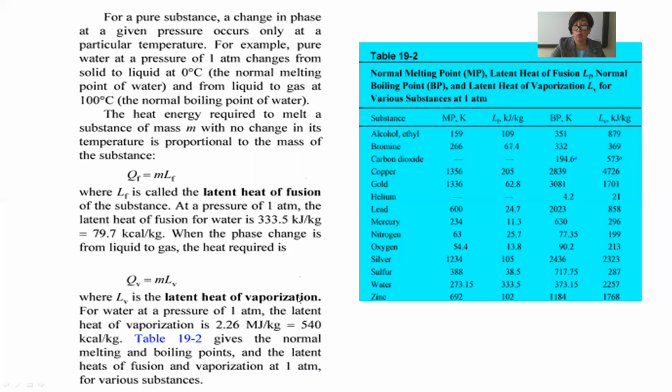For water at a pressure of 1 atmosphere, the latent heat of vaporization is 2,257 kilojoules per kilogram.